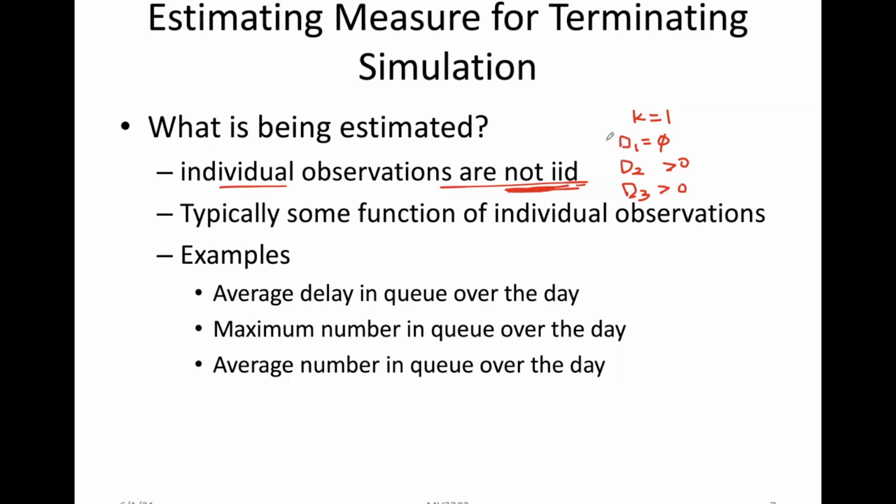And they're all going to be bigger than the first guy because he's always 0. So basically, they're not identically distributed. And they're not even independent.